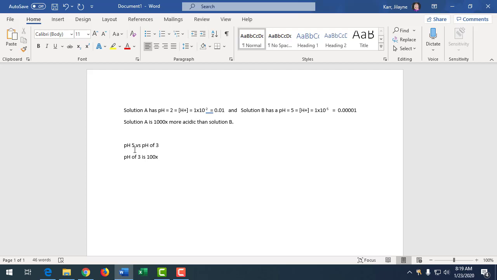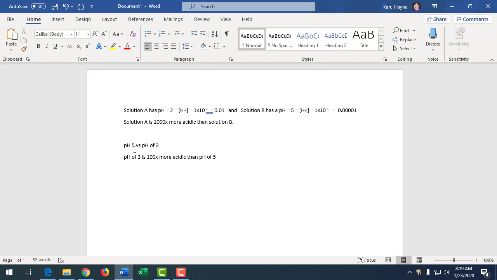It's 100 times more acidic than a pH of 5. So with pH, the lower the number, the much more acidic the substance is. And it's all based on tens, okay? So we have to really respect those pH differences, right?